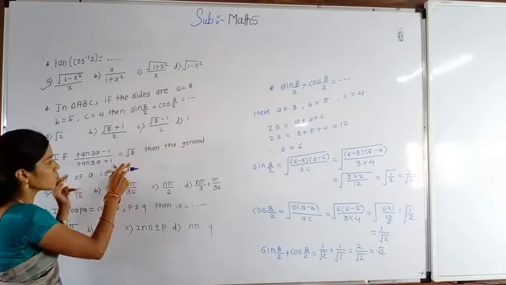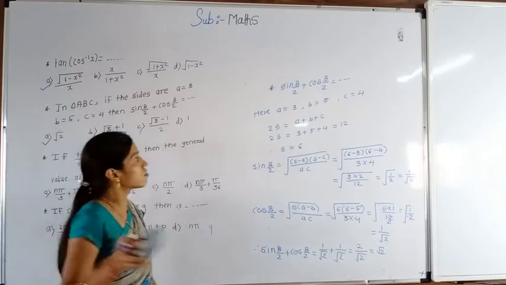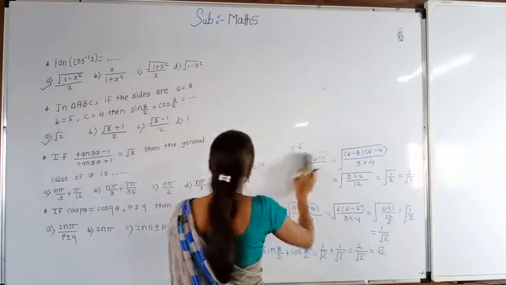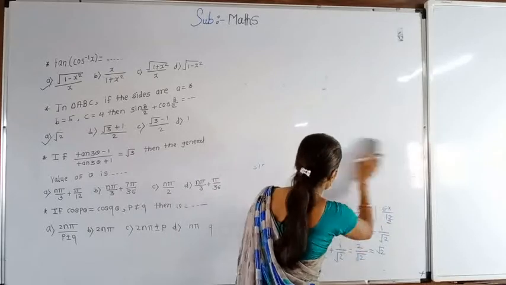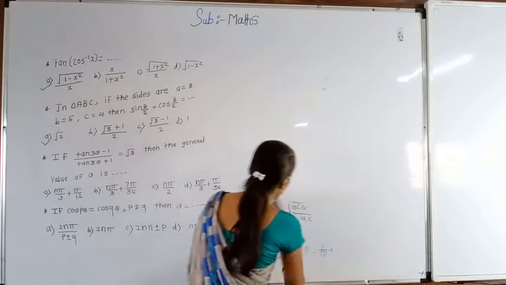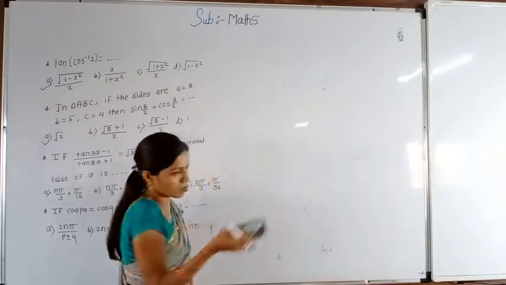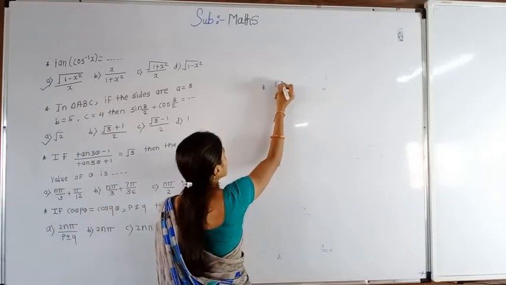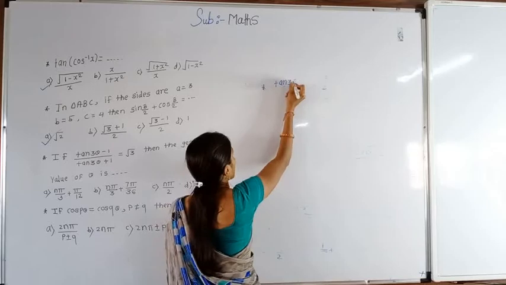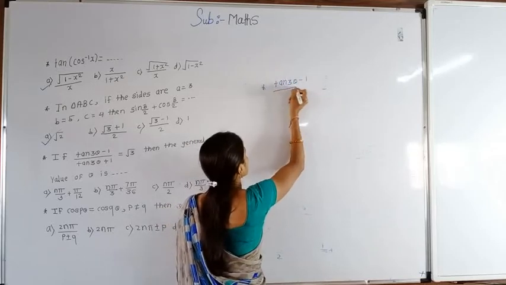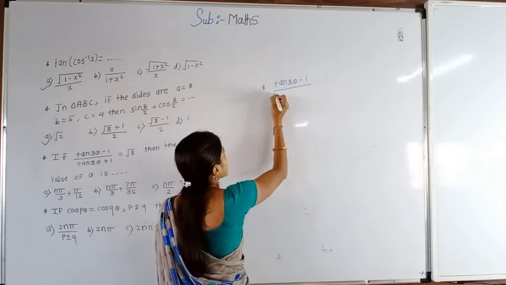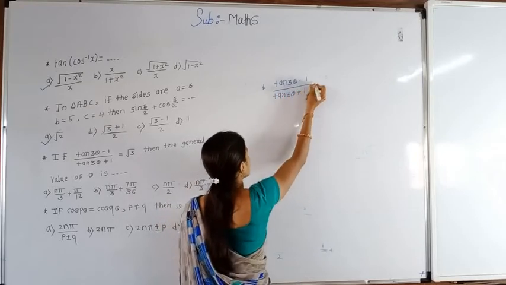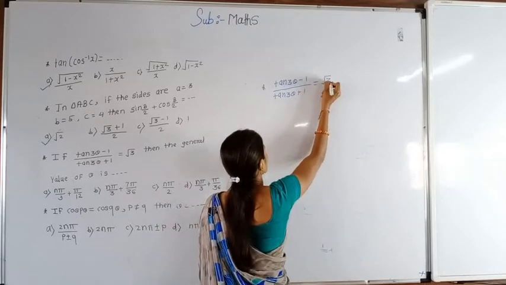So first, see here this equation, it is a trigonometric equation. First, transform this equation to the standard form. So first I write the given equation. The equation is tan 3 theta minus 1 divided by tan 3 theta plus 1 is equal to root 3.